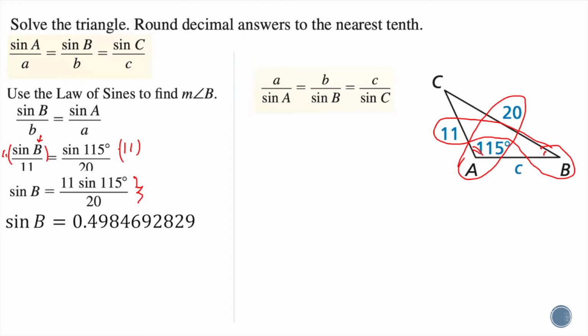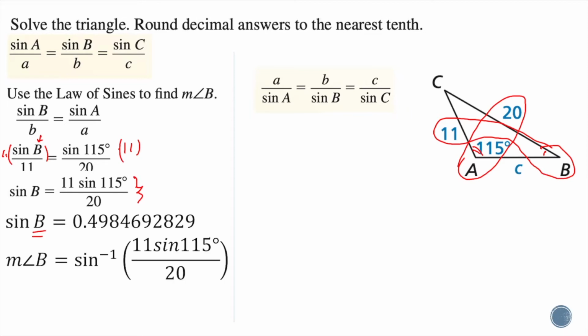Now, before we move further, I want to show you that sine of B is equal to a proportion, in this case 0.4984. I'm asking for the angle, so hopefully you remember that we have to use the inverse sine because I need to find the measure of angle B. Putting this in your calculator will give you a more accurate answer.